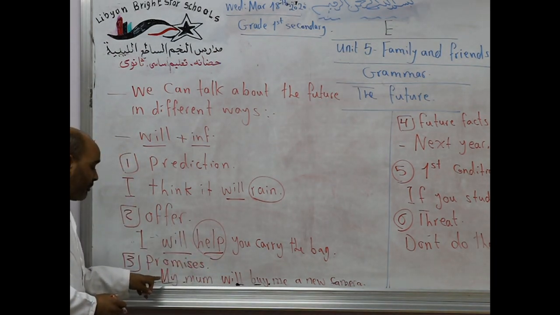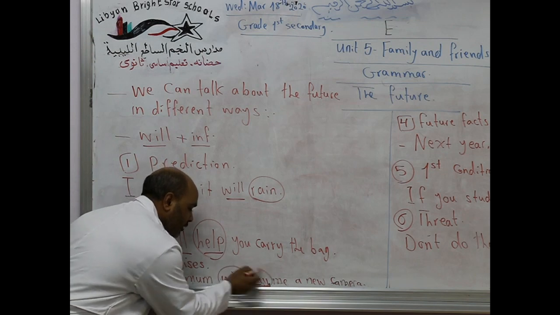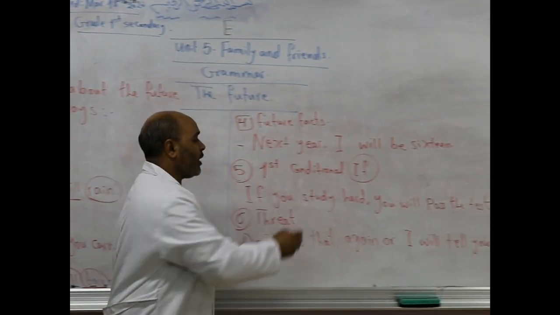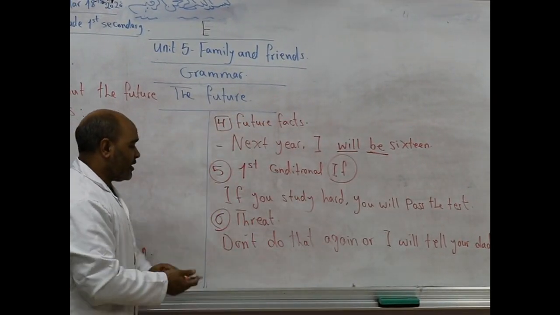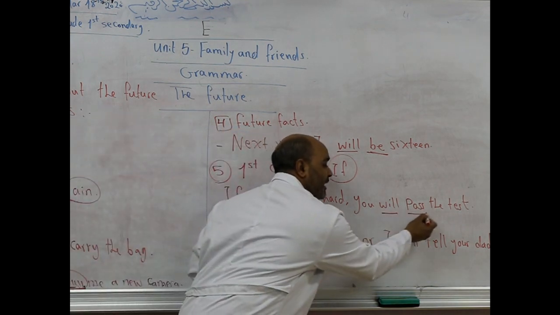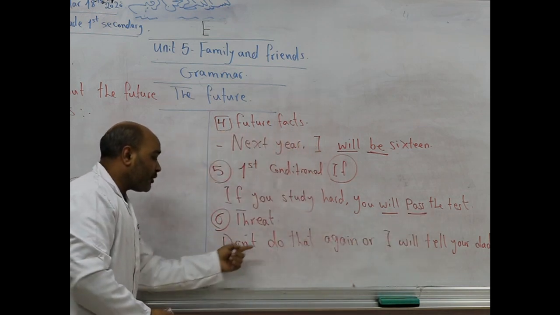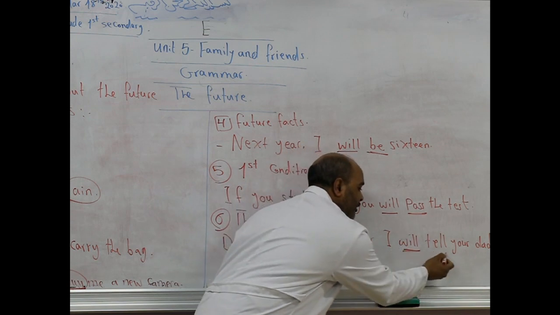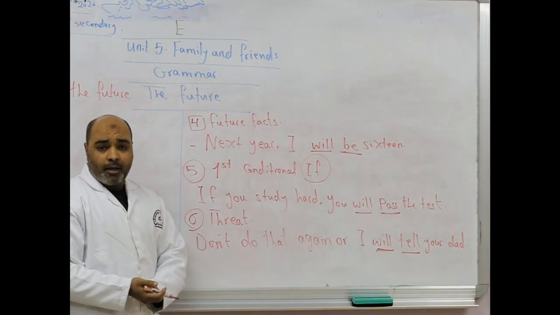Promises. You can say my mom will buy. Buy. And will. Future facts. Next year I will be. The first conditional if. We can say if you study hard, you will pass. Will pass. Threat, don't do that again, or I will tell your dad. This is the future with will.